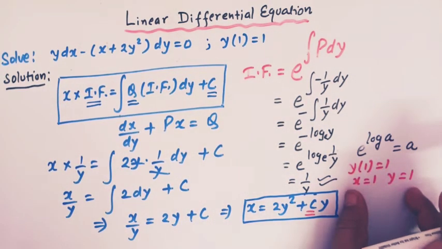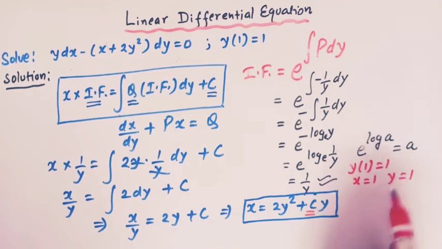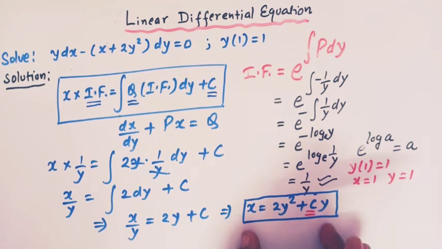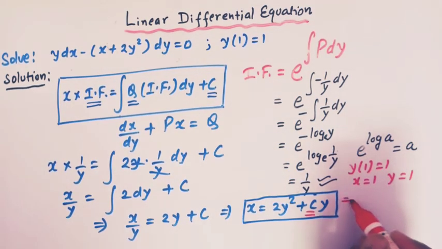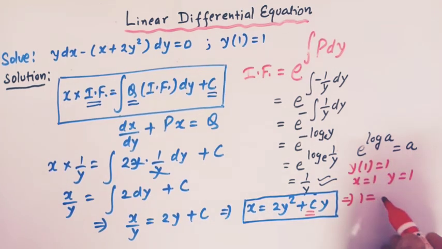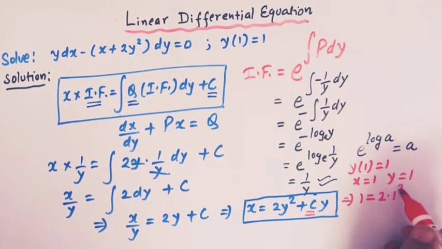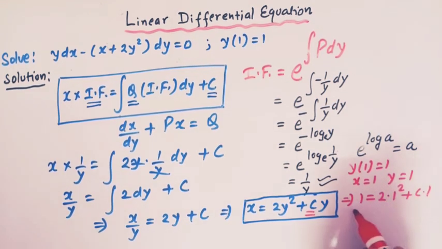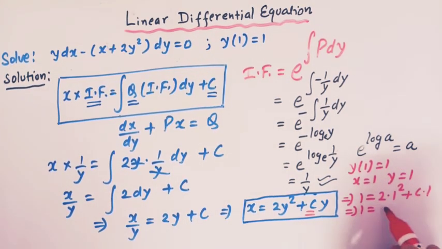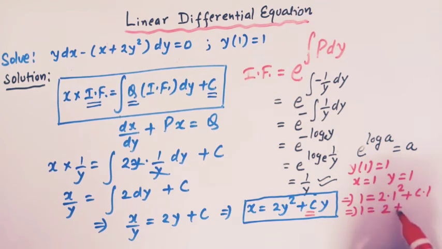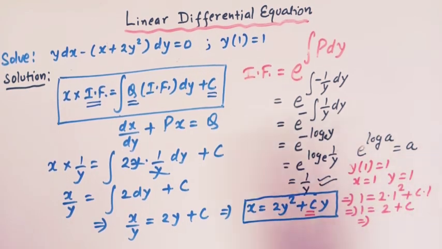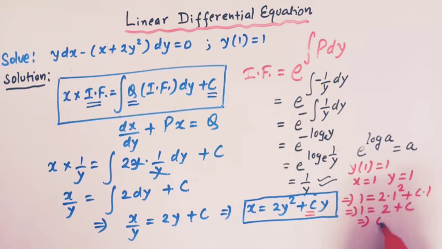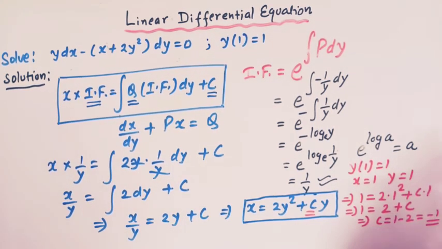Let us substitute these values in the general equation: 1 is equal to 2 times 1 squared plus c times 1. So 1 is equal to 2 plus c, and the value of c is 1 minus 2, that is minus 1. So the constant of integration is minus 1.